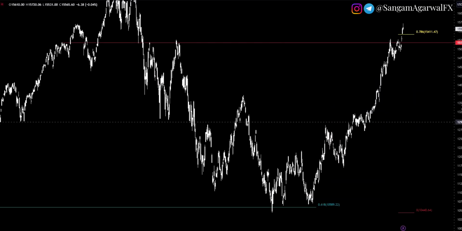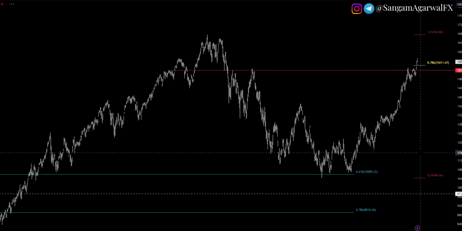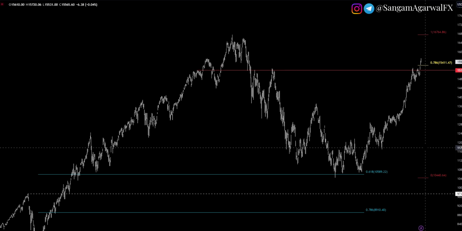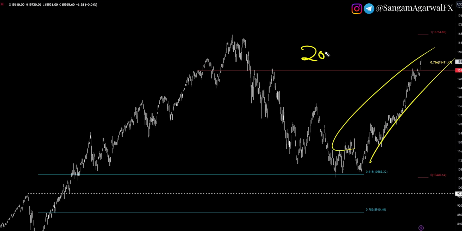NASDAQ, you can follow correlation with S&P 500. This is your tech bubble. They think the same time from 2009 to 2020 will return again.